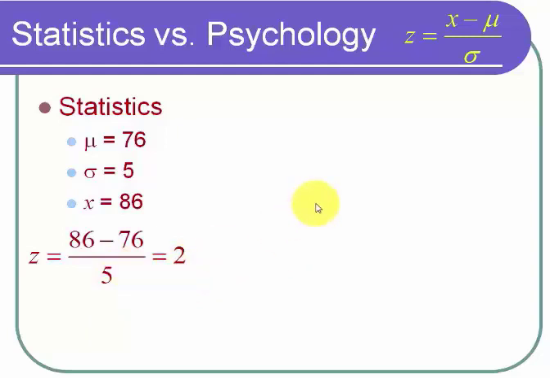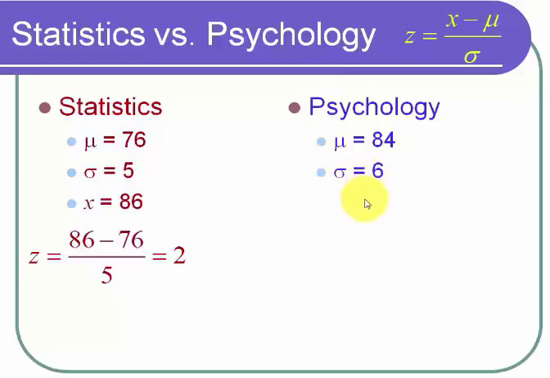For Juan's psychology final, the mean was 84, the standard deviation was 6, and Juan's score was 93. Let's put that into the z-score formula. So z was 93 minus 84 divided by 6, and I got 1.5.